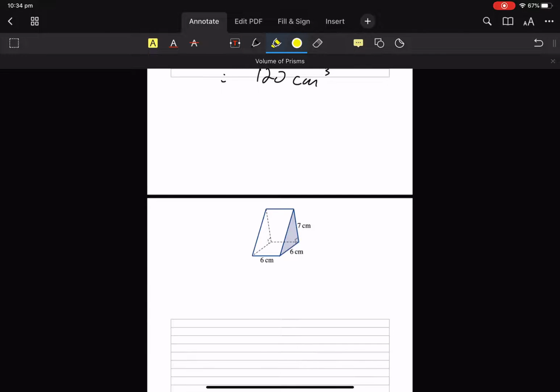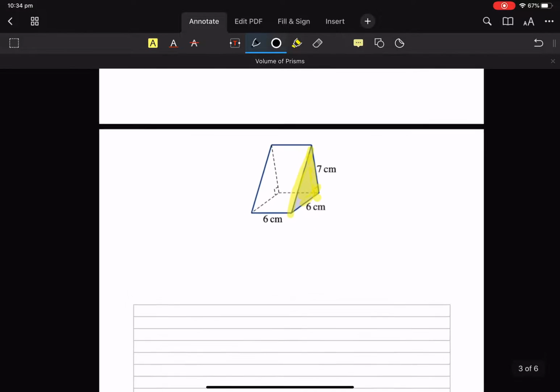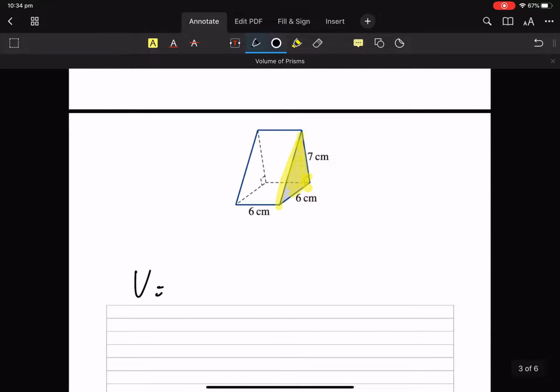Common error. Someone's going to think that the base is this rectangle. But you can see that there's not a rectangle at the other end, is there? So it's not a rectangular based prism. It's definitely a triangular based prism because there's a triangle that's the same shape on either end. They've just drawn it on its side. So when you go, volume equals area of the base times height, the base is the base of that triangle.